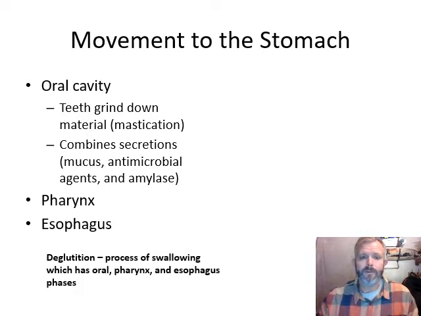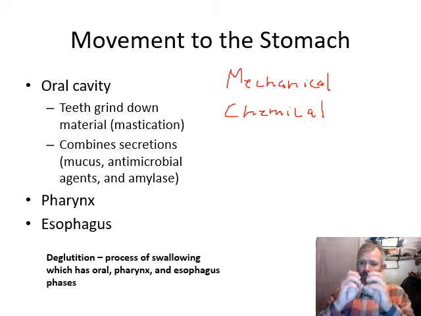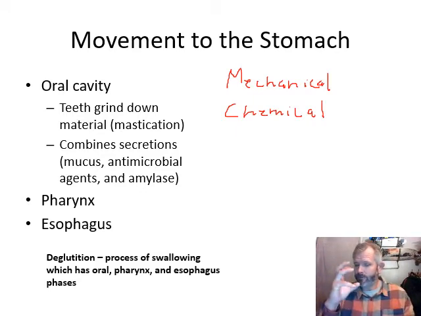So as we move, I want to talk digestion. We have two modes of digestion: mechanical and chemical. As we move through various regions, we'll be doing forms of either mechanical or chemical. Mechanical is that physical breakdown. We've got that large chunk of apple, and we have to break it down physically into smaller pieces, almost into a paste.